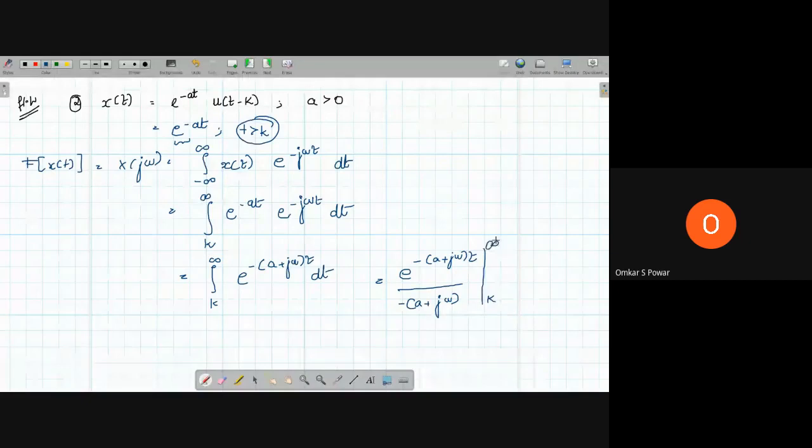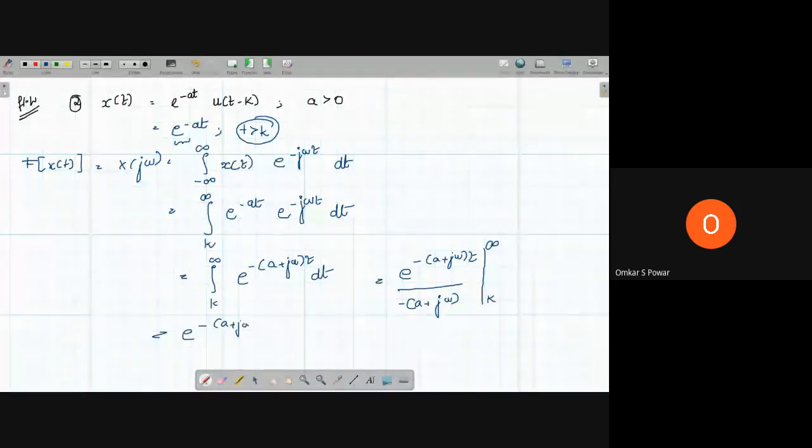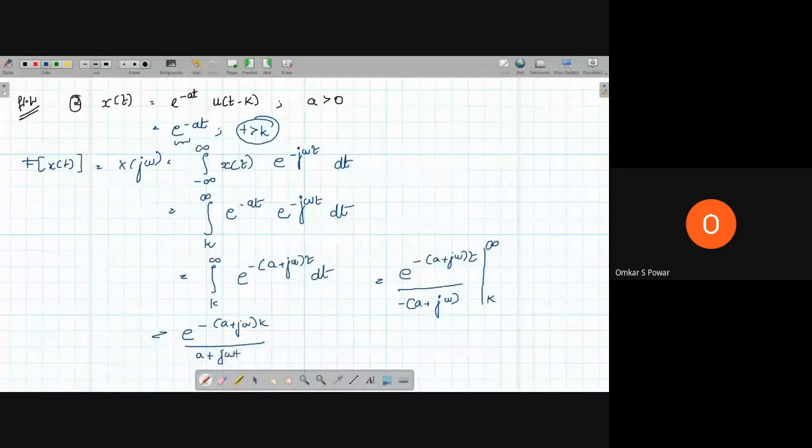If you solve this, you get e power minus (a plus jω) into k divided by (a plus jω). I have already solved this; I gave it as homework. It's okay, there is only one step which you have to do here. Simplify this integration, substitute the limits, and you will get this answer.